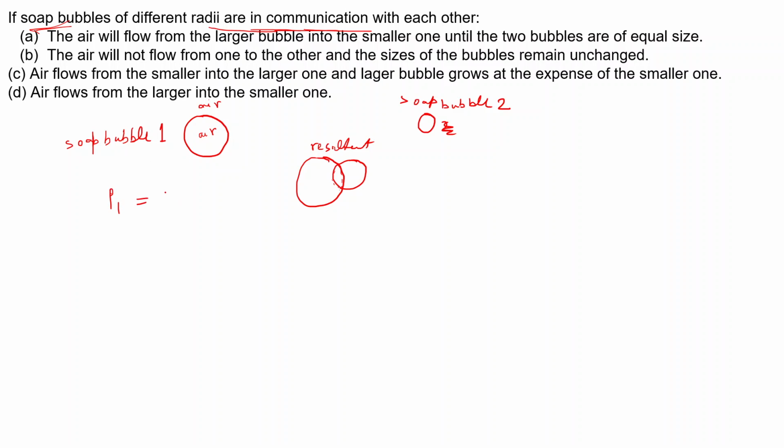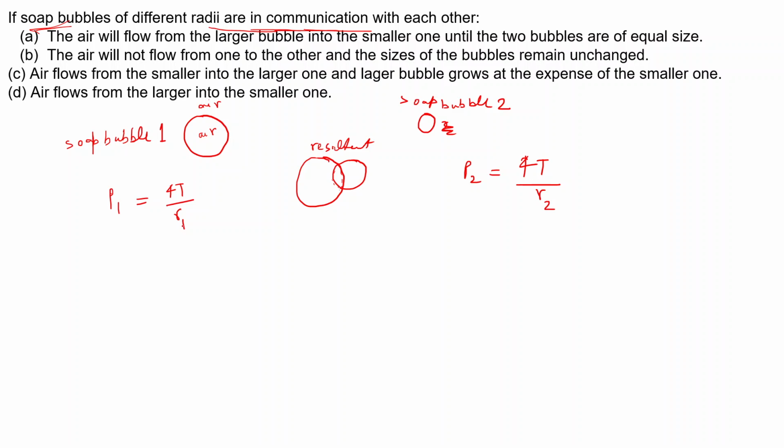For soap bubble 1, the excess pressure will be 4T by R, let's call this R1, and the excess pressure for soap bubble 2 will be 4T by R2. It's the same soap material, so the surface tension value will be the same, but the radius is different.